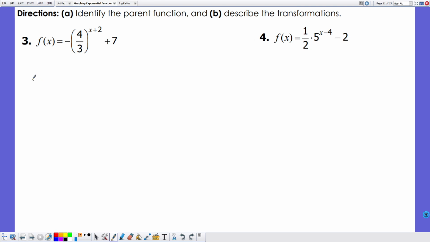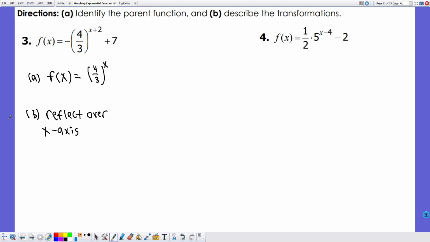For 3, our parent function is f of x equals (4/3) to the x, and we will be transforming it. The first thing we notice is this negative in the front, which means we're going to reflect over the x-axis.